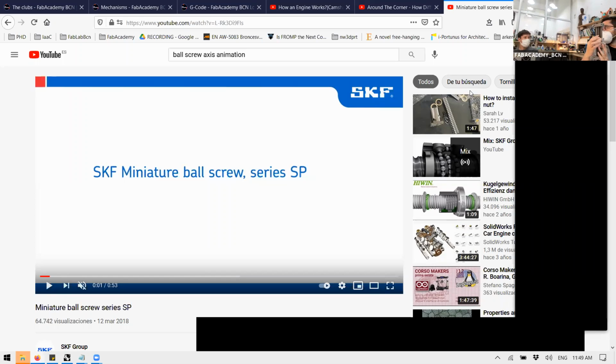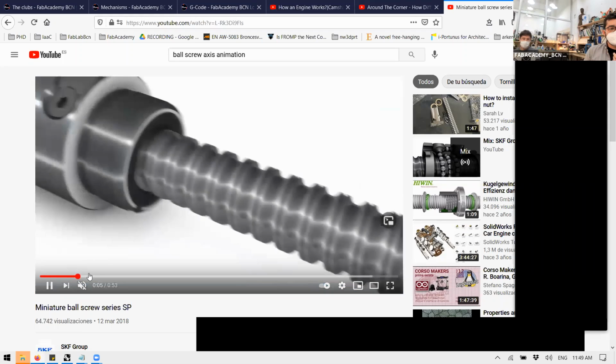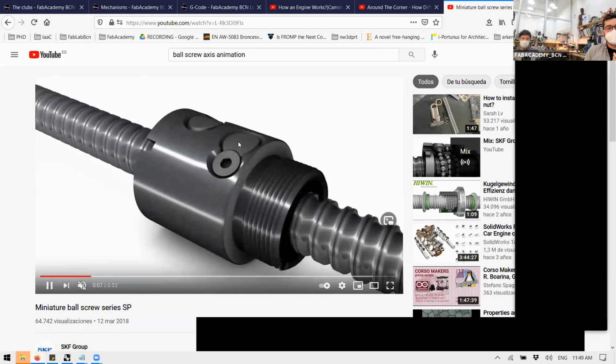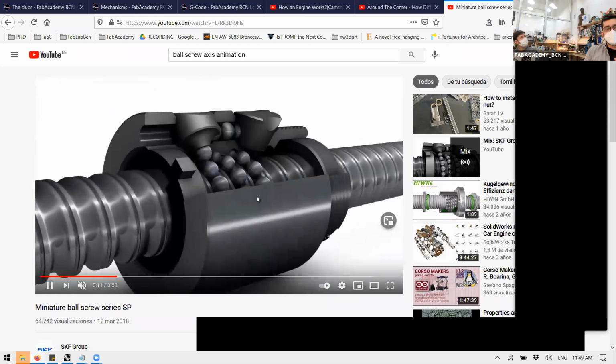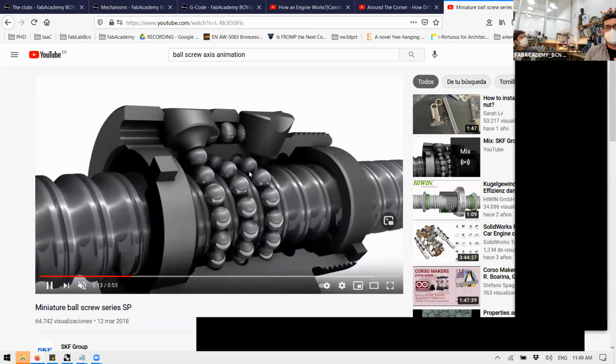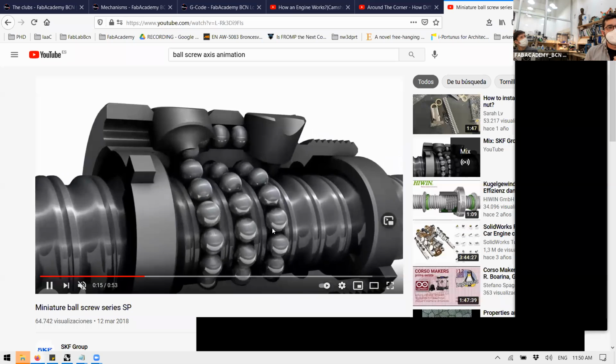But the cost of this, for example, this one is an industrial one, is around 30 euros. The ball screw version of this is 150 euros minimum, because it implies a really well machined manufacturing technique. So basically, it's the threaded rod, and inside it's not a simple nut. It's a nut with a lot of balls rotating, reducing the friction.